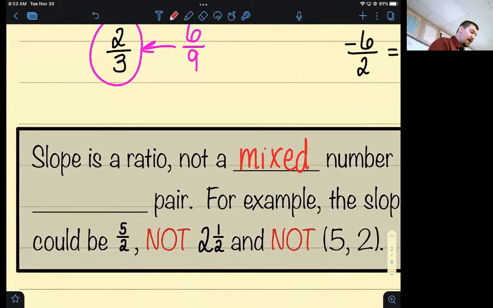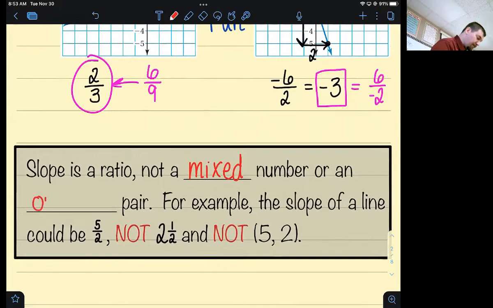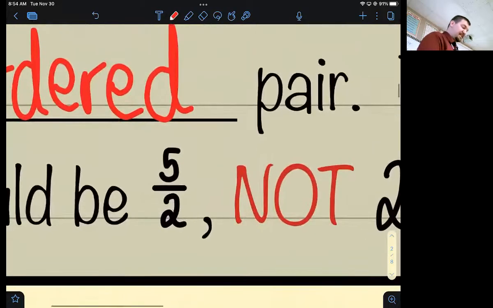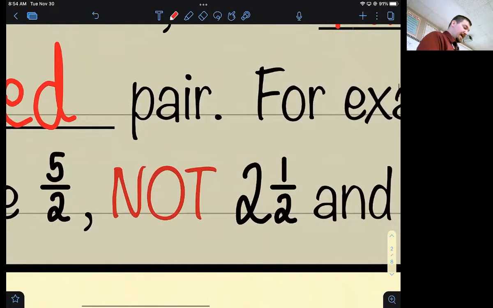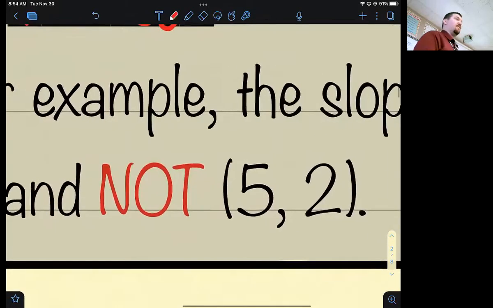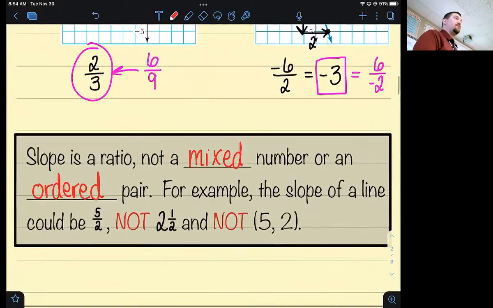Also, never write your slope as an ordered pair. An ordered pair is another way of saying a coordinate point. So if your slope is 5/2, that does not mean it's 2.5, and that does not mean that you would write (5, 2). In fact, (5, 2) most likely is nowhere near where your line is.